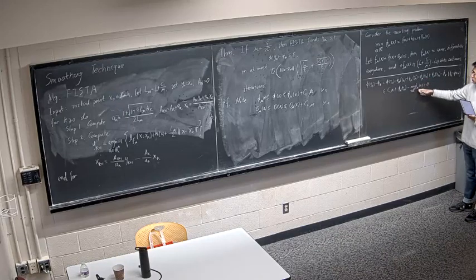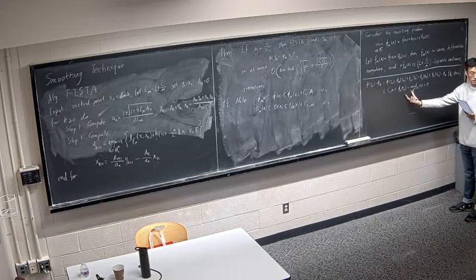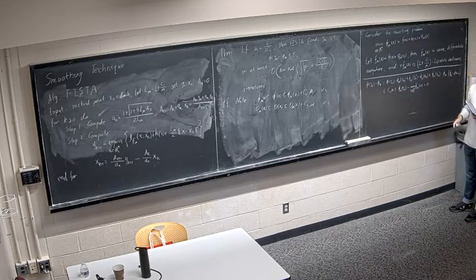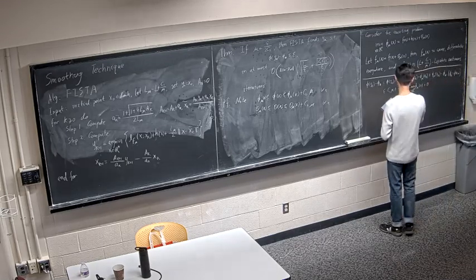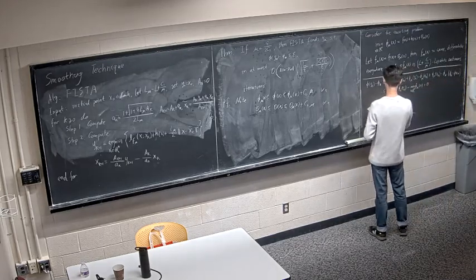Because you are minimizing, this minimum of phi mu is smaller than phi mu of any point. So this is a larger bound. And this bound can be obtained using the FISTA algorithm, right? We just apply FISTA, using the convergence rate we had a few lectures ago for solving convex smooth optimization. Just apply it to this new function, phi mu.